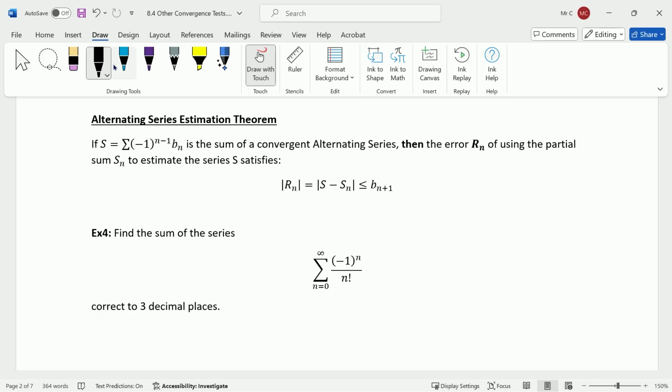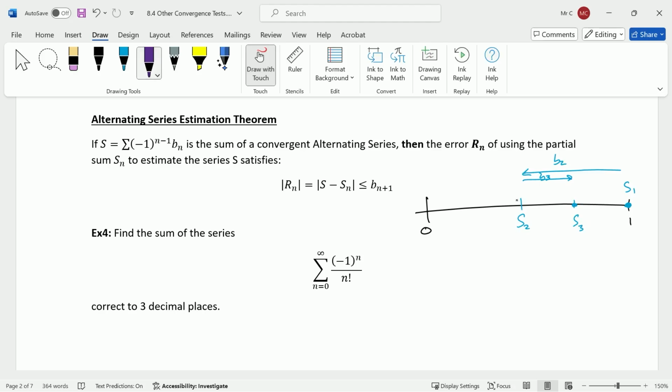Well, if we take a look at our number line here, from 0 to, we'll say, 1 here, when we were looking at our partial sum for the alternating harmonic series, we saw, okay, we had this first partial sum, and then we subtracted b2, and we end up here at the second partial sum. And then we added b3, so we end up here in the third partial sum.